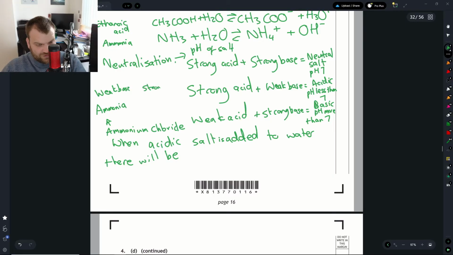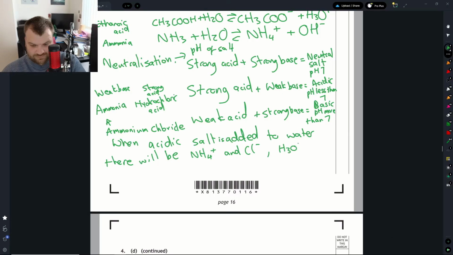And then hydrochloric acid would be my strong acid. So we'd make ammonium chloride, that would have NH4 positive and Cl minus. Our hydronium ions and our hydroxide ions.